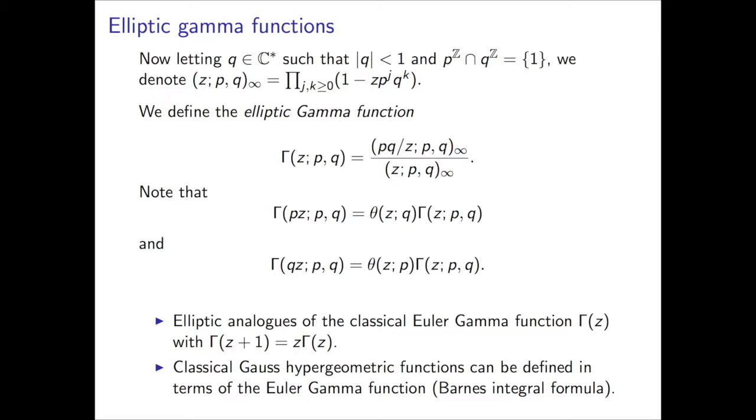I read in the same survey article that this elliptic analog of the gamma function has been around since at least 1972. And the reason why it's called an elliptic gamma function is that when you modify it by shifting or multiplying the argument by p, what you get is theta of zq.